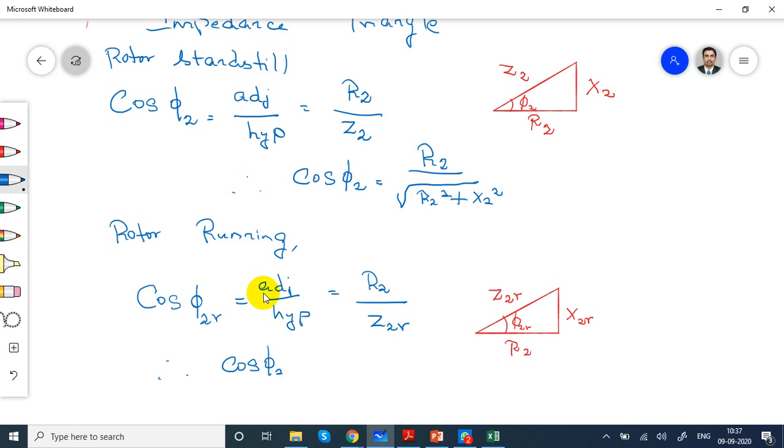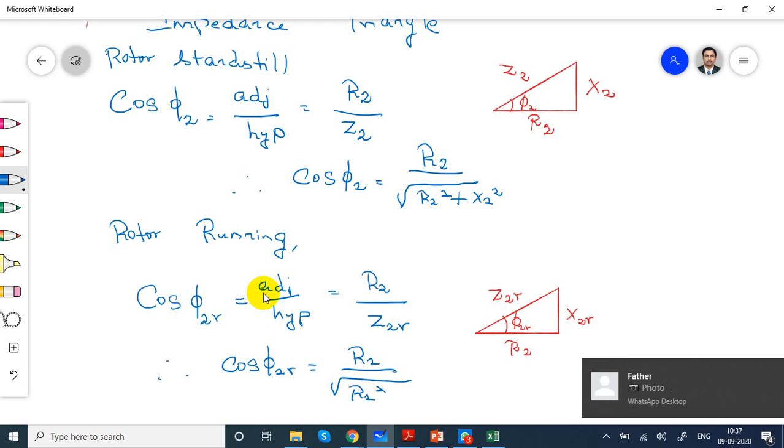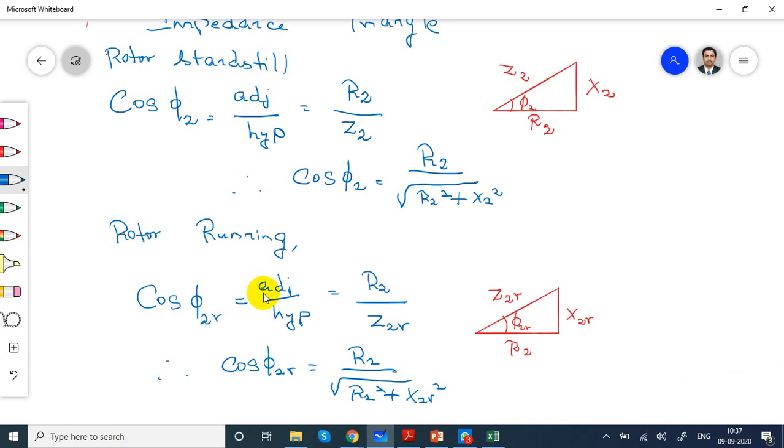Therefore cos phi 2R equal to R2 by square root of R2 square plus X2R square.